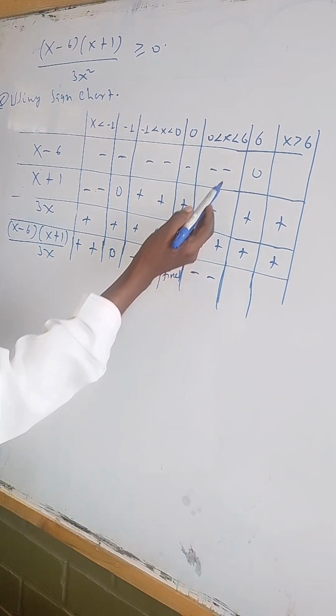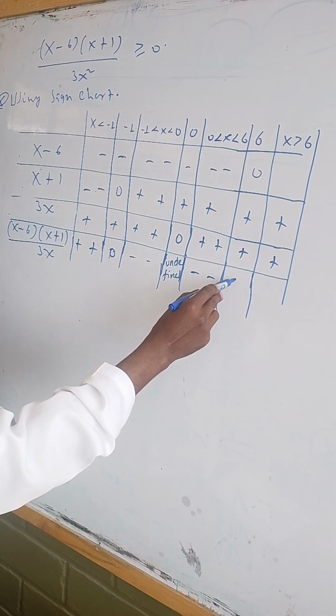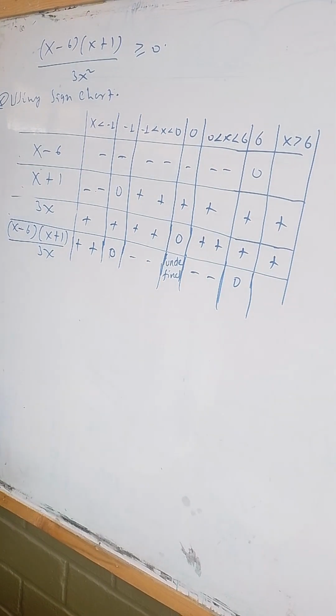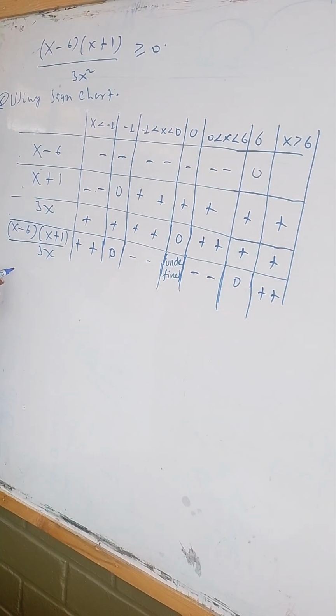For x between 0 and 6, negative times positive is negative, divided by positive is negative. At 6 it is 0, and for x greater than 6 the expression becomes positive.